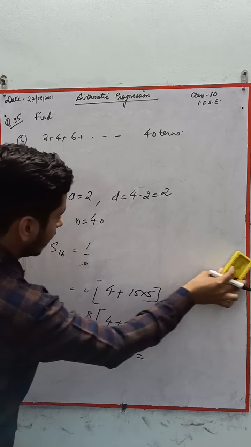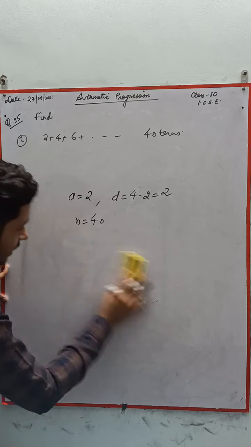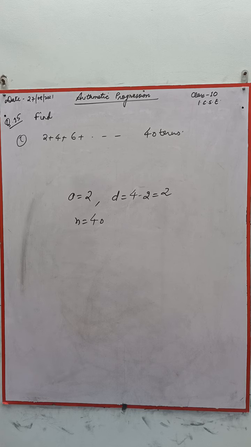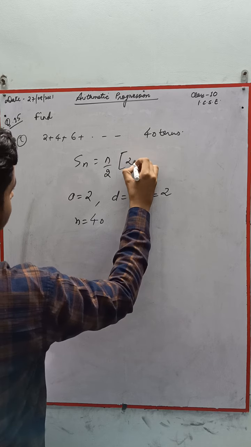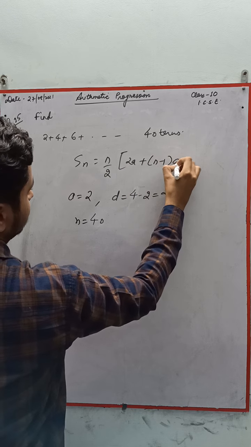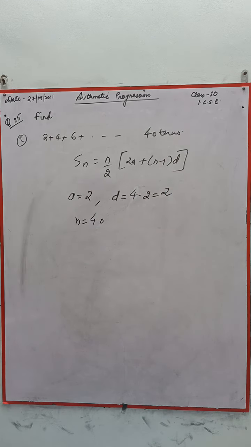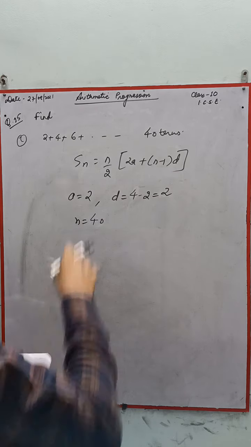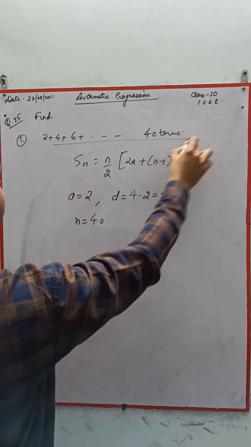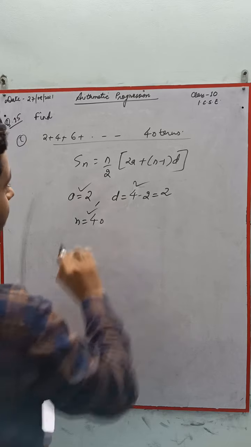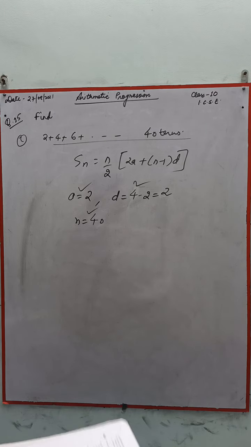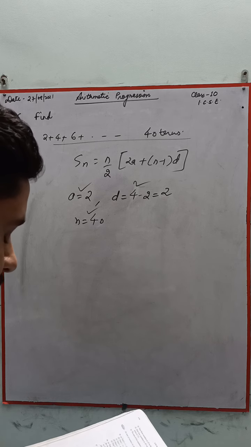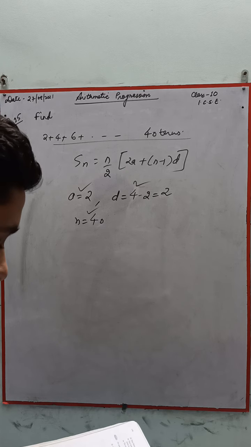It is based on the very simple formula of Sn, which is n upon 2 bracket 2a plus (n minus 1) into d. You are given a, d and n in this series. Substitute in the formula and you will get the answer very easily. So the 15th one I'm leaving for you.